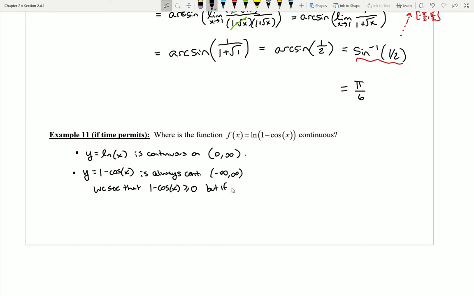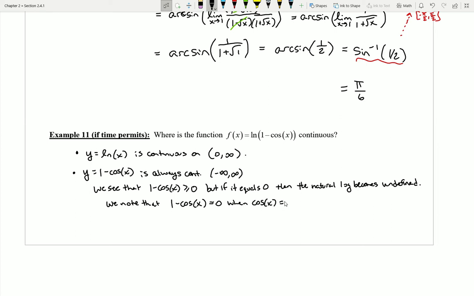But if it equals 0, then the natural log becomes undefined. So what we have to figure out is where all of the times are when 1 minus cosine would be equal to 0. We can see that 1 minus the cosine of x will be equal to 0 whenever the cosine of x equals 1.